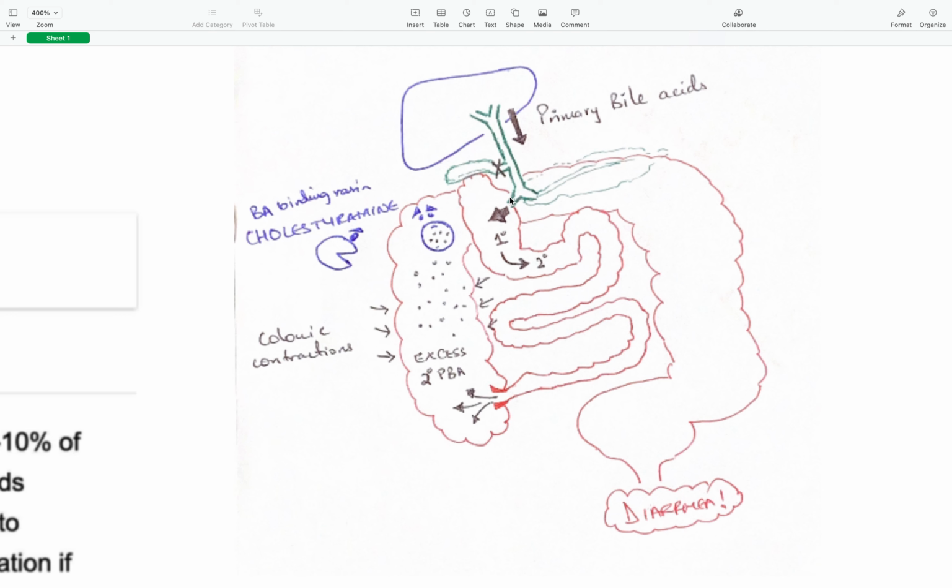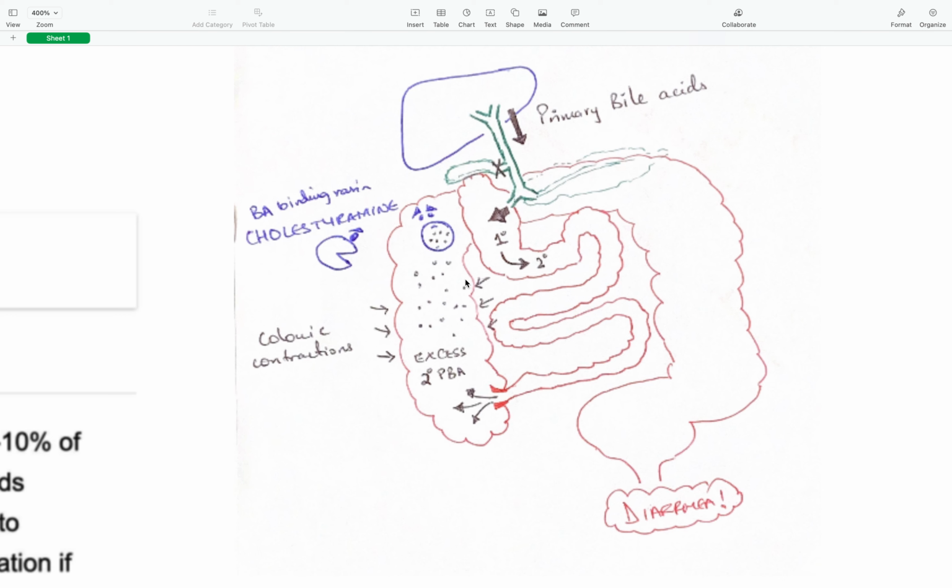Okay, but because the gallbladder is absent, a lot of primary bile acid is being secreted into the duodenum. So there's a lot of bile acids, now secondary bile acids, within the intestine. Now this secondary bile acid moves into the colon, right? Now this is excess. This excess secondary bile acid causes colonic contraction, and that results in diarrhea.